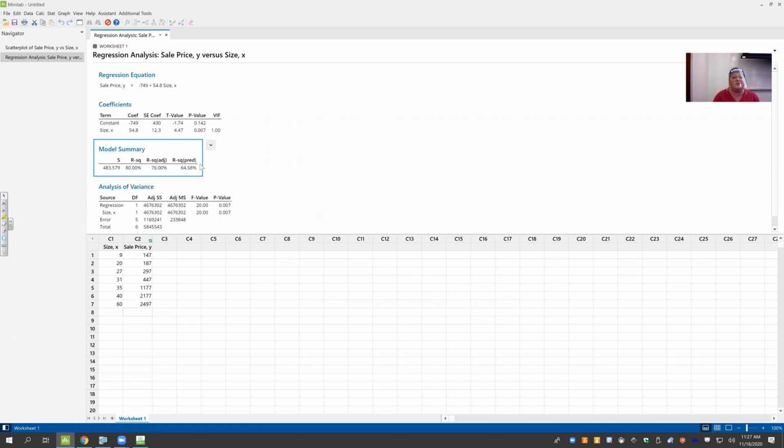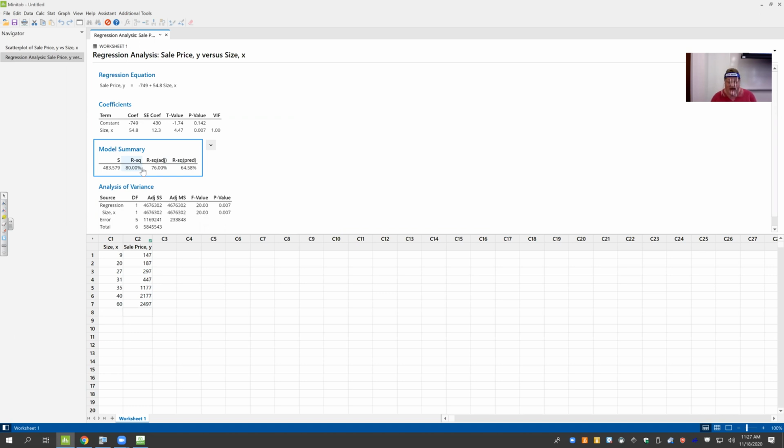Now, guys, be careful because notice there's three different values. Under the model summary, you have S, you have R squared, then you have R squared ADJ, which stands for R squared adjusted, and R squared PRED, that's R squared predicted. Okay, you need just plain old everyday R squared.